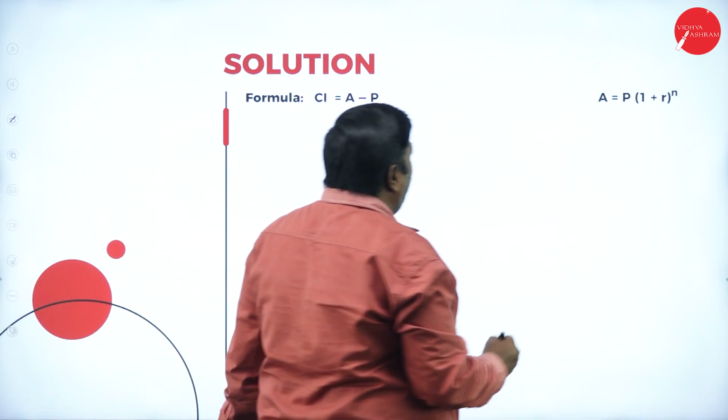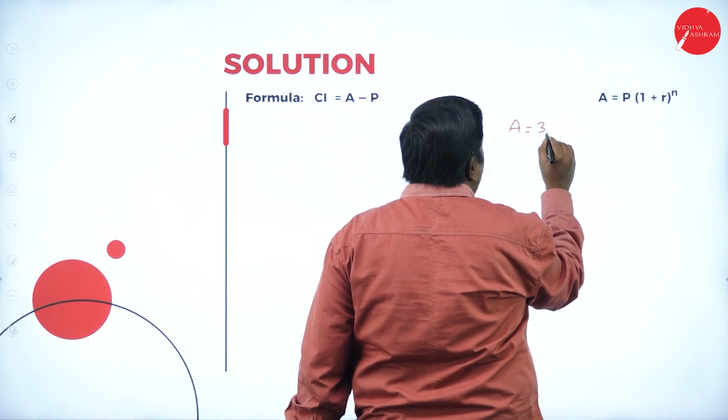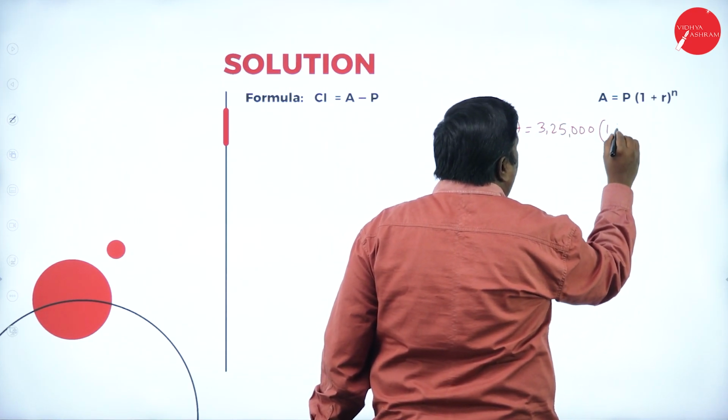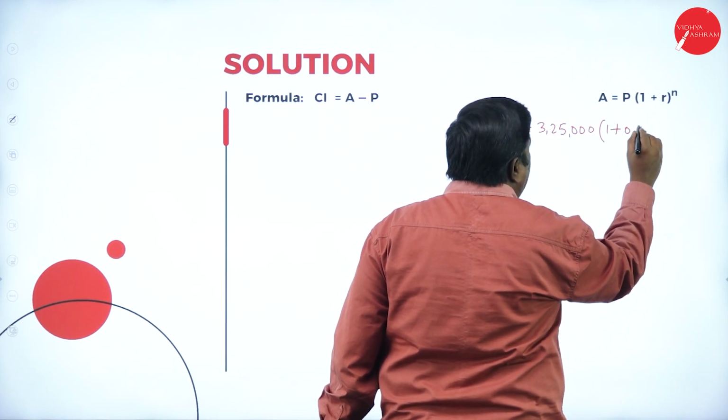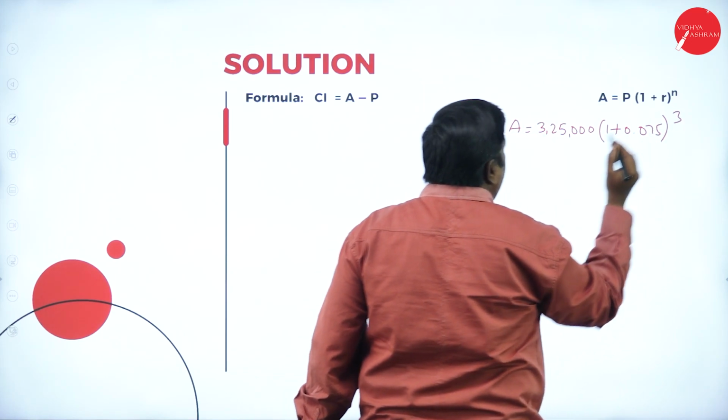Now annuity equals 3,25,000 into 1 plus 0.075 to the power of 3 years.